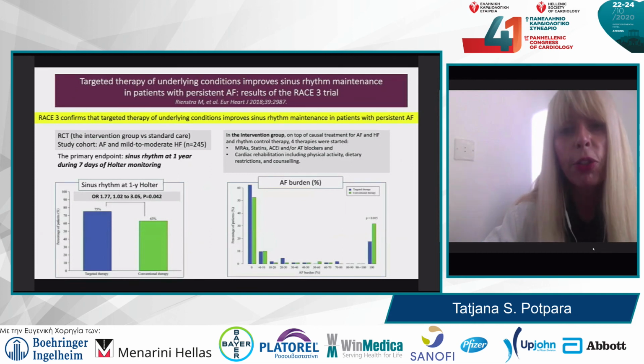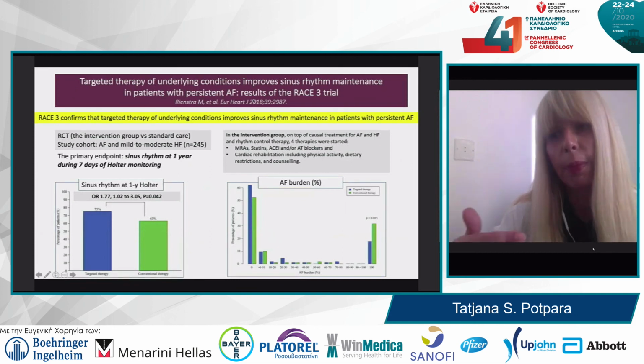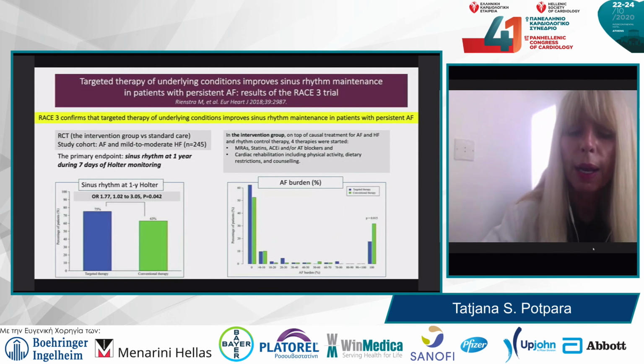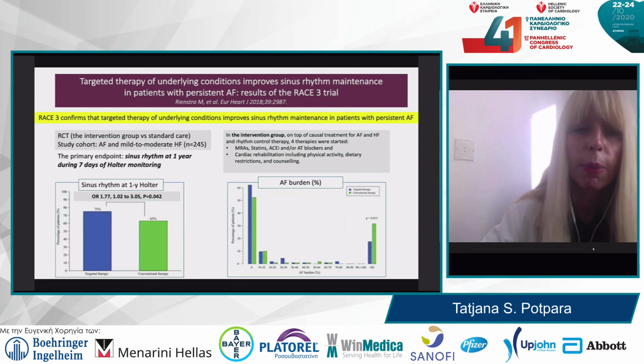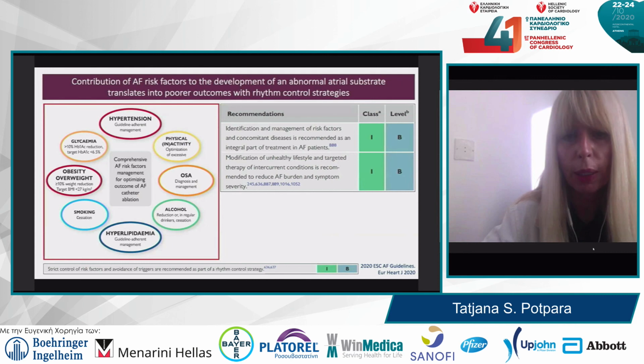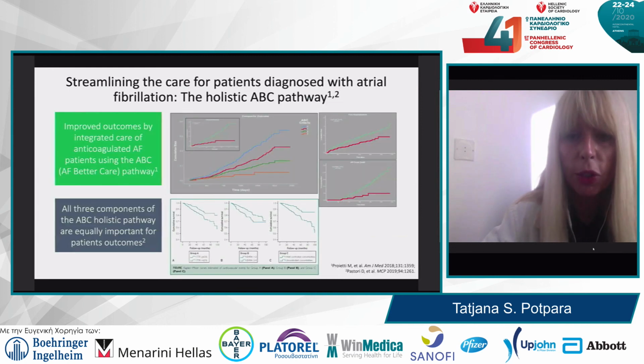Interventions and treatments aiming at correction of underlying comorbidities and conditions have been shown to improve rhythm control strategies, symptomatic status, and patients' quality of life, and that is why such interventions are recommended in all patients with atrial fibrillation.